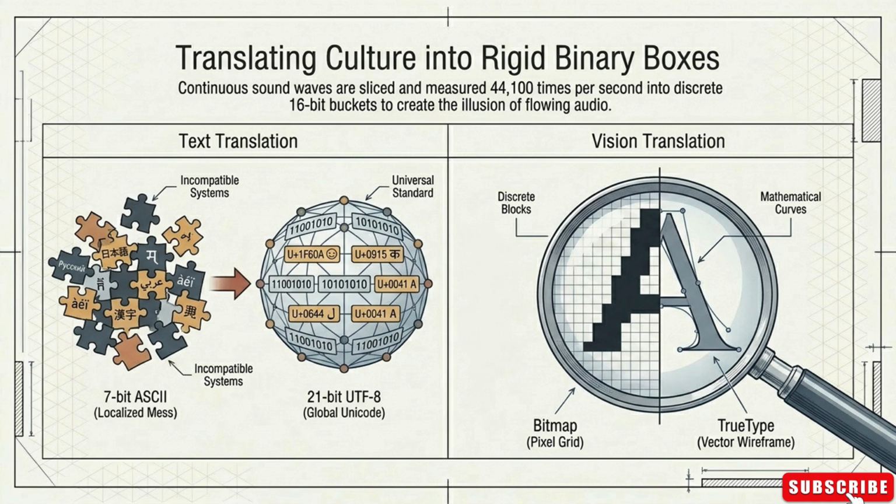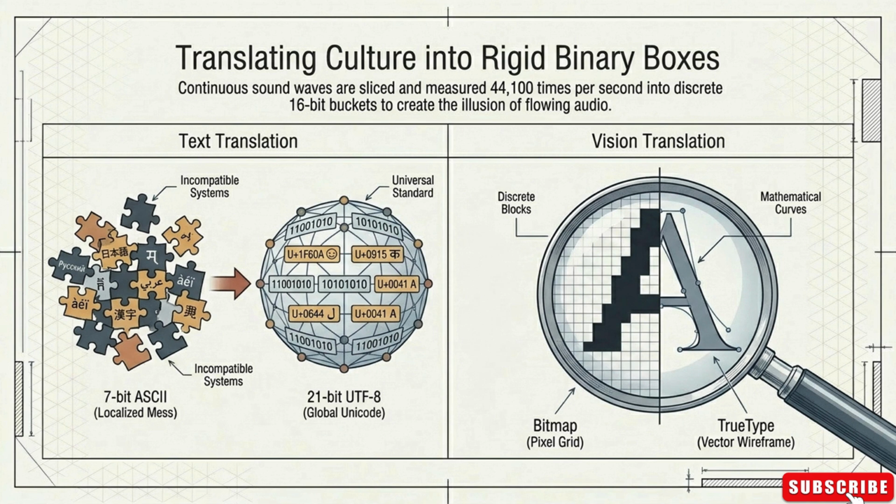That's brilliant. Okay, so we've wrangled static letters and static images. But the real world isn't static. A sound wave is a fluid, continuous change of physical pressure in the air. So how do you trap a continuous flowing wave using discrete, rigid ones and zeros? You use a technique called sampling. The hardware rapidly measures the amplitude, so the physical height of the sound wave, at incredibly fast intervals.